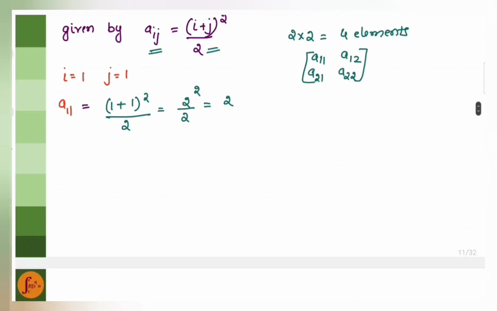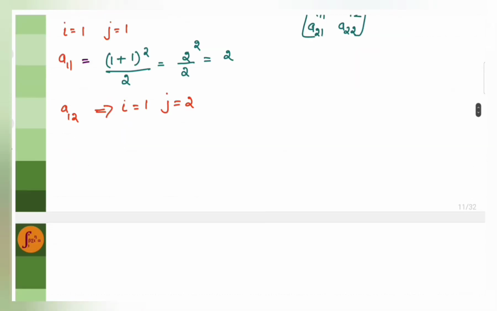Now let's similarly find A12. That means I is equal to 1 and j is equal to 2. So A12 would be I is 1 plus j is 2. You substitute, you're going to get 1 plus 2 is 3, 3 square by 2, which is 9 by 2. So this is our second element.